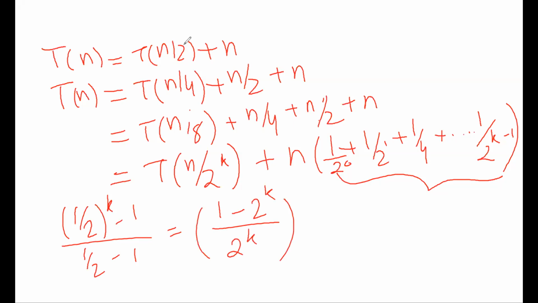You have minus 1 by 2 is 2 by 1. So basically, n is equal to 2 to the power k, so you can just write 1 minus n by n into 2.